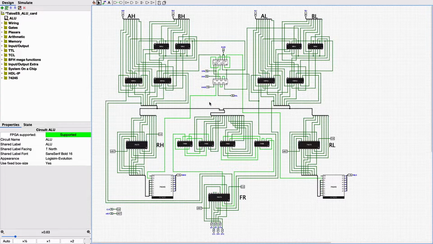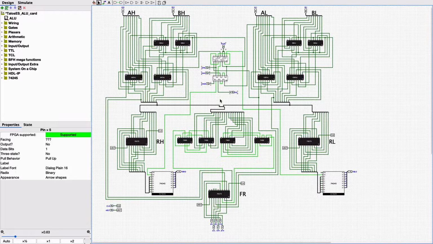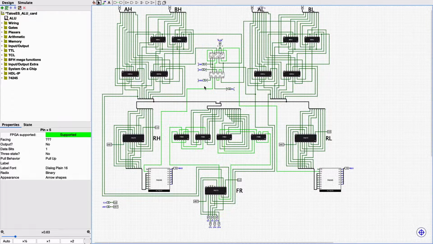That's one reason. The other reason is that all of these control signals that you see here, they all come from some other part of Talos. They don't come internally from this ALU card. So they have to make their way into the backplane, through the backplane connector, through traces until they get here. So by the time they get here, they will be weakened. So you need to buffer them.